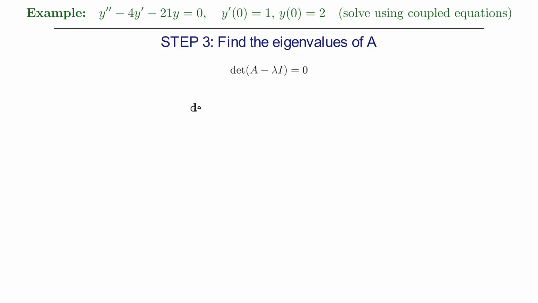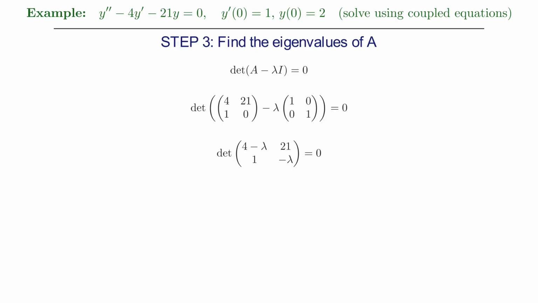So we can rewrite this as the determinant of A, which is [4, 21; 1, 0], minus λ times the identity matrix [1, 0; 0, 1], and this is equal to 0. The λ is a scalar, so we can do scalar multiplication with the identity matrix, and then matrix subtraction gives us the matrix [4 - λ, 21; 1, -λ].